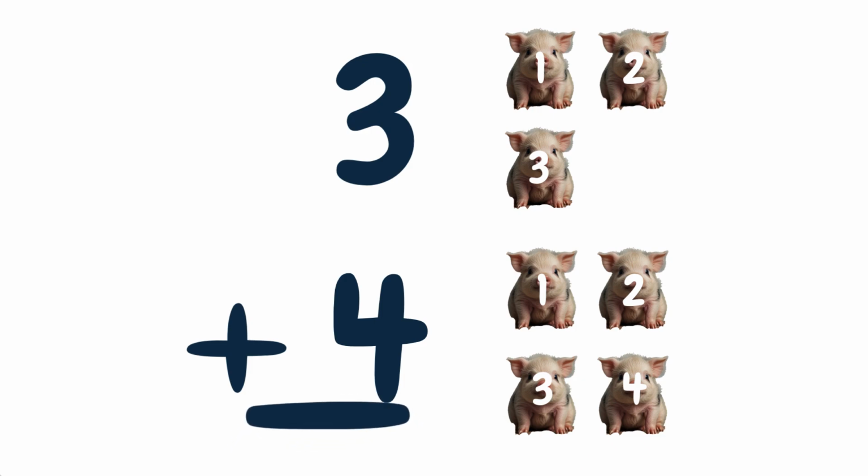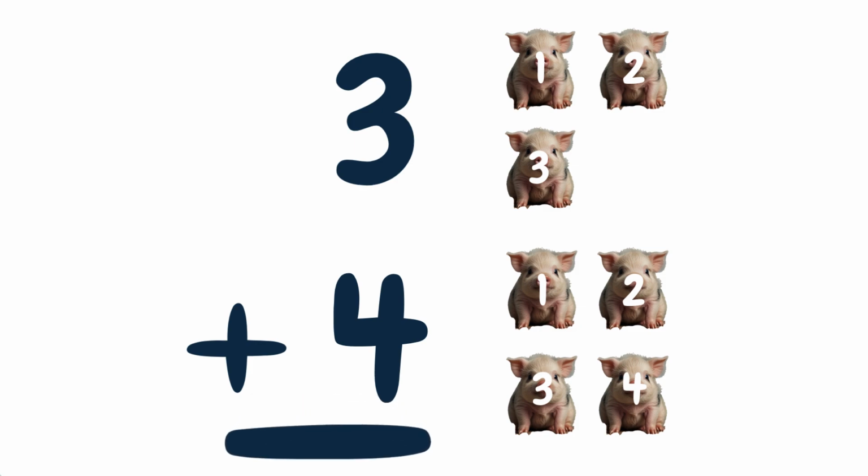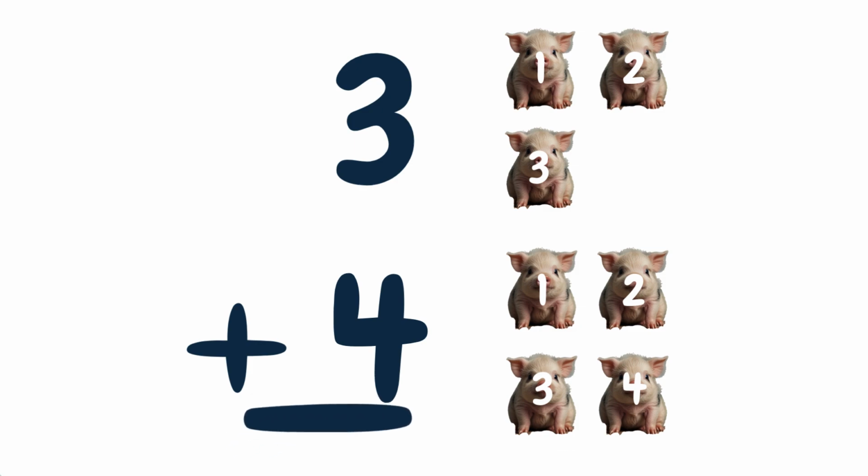On the one side, you can see that we stacked the 3 on top of the 4. And next to the 3, you can see that there's 1, 2, and 3 piggies. And underneath there, there's the number 4. And next to the number 4, there's 1, 2, 3, and 4 piggies.